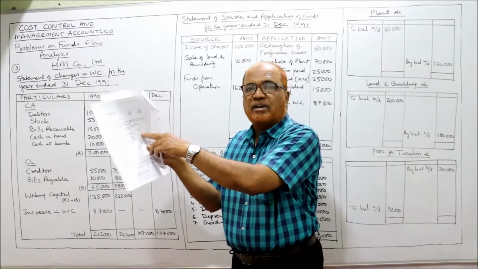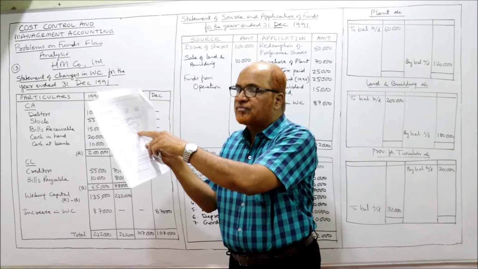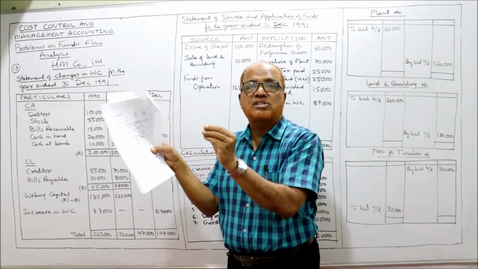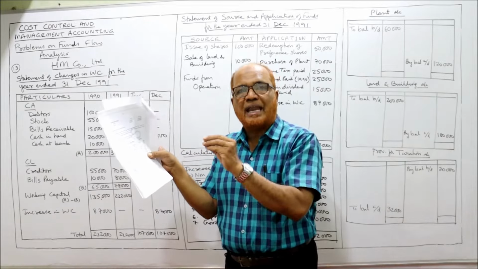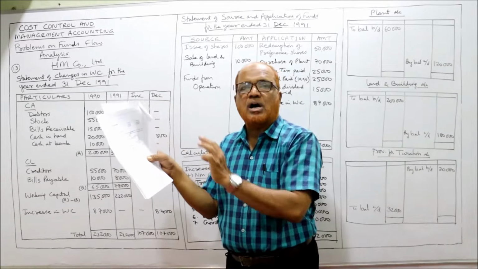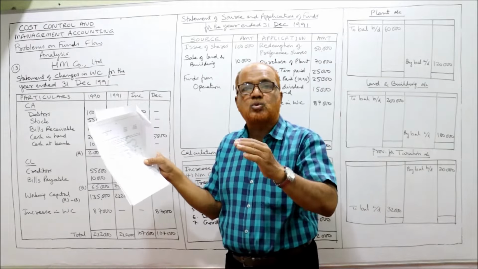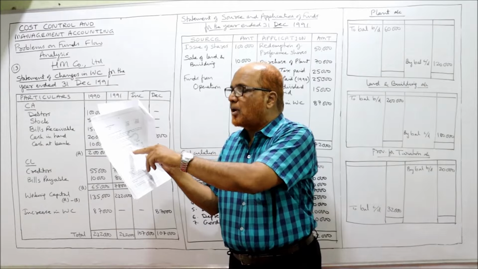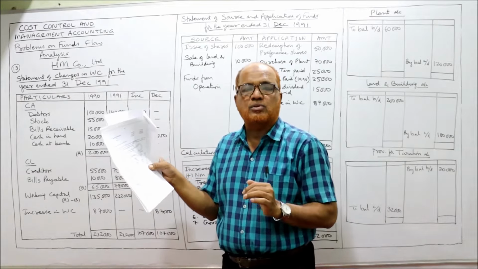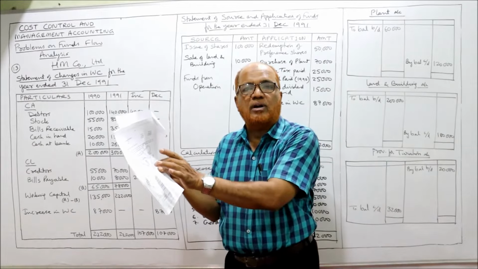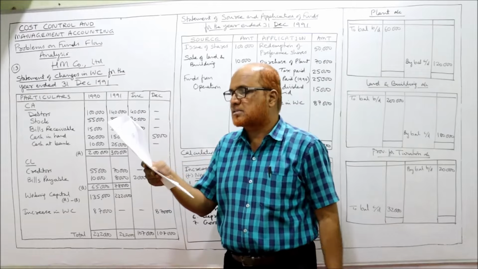So on the top make one correction. Instead of 3 zeros, take 5 zeros. 5 zeros means lakhs. All the amounts are given in lakhs. Example, 2.5 lakh means 2,50,000. 3.5 lakh means 3,50,000. Like that, you have to convert all the figures into lakhs.